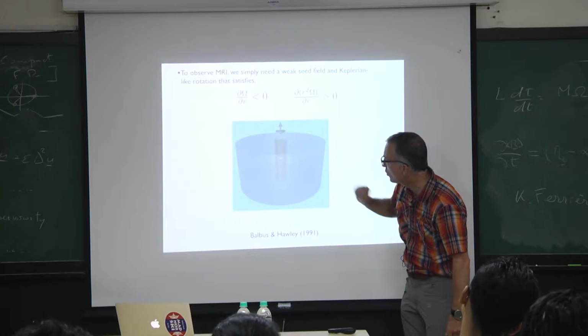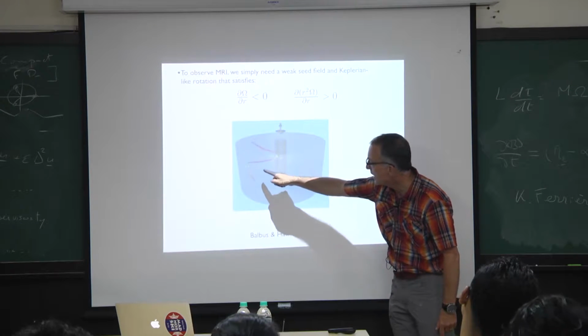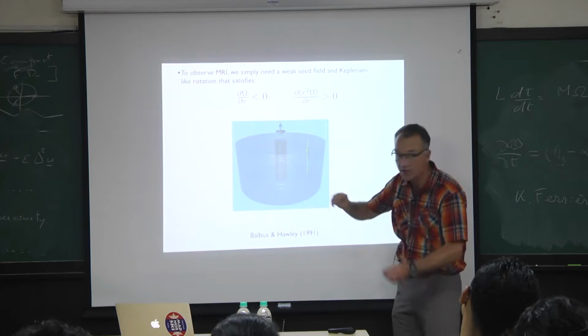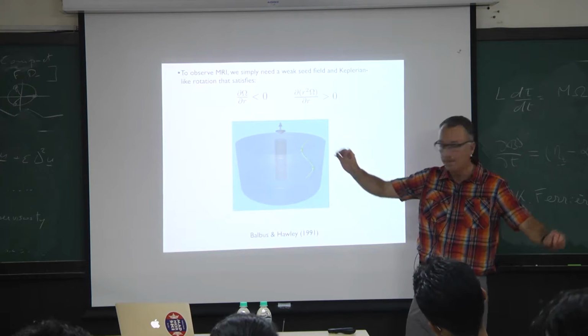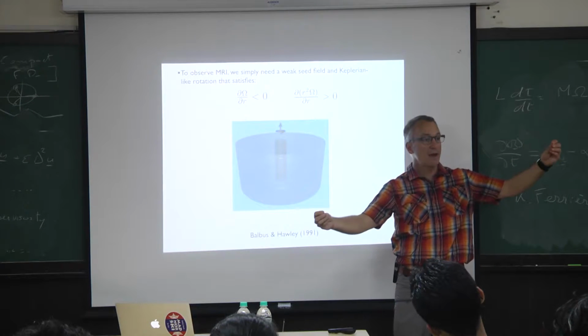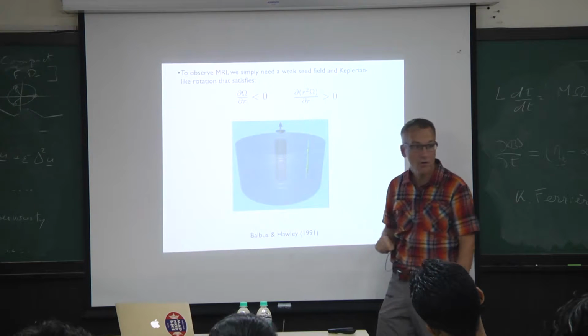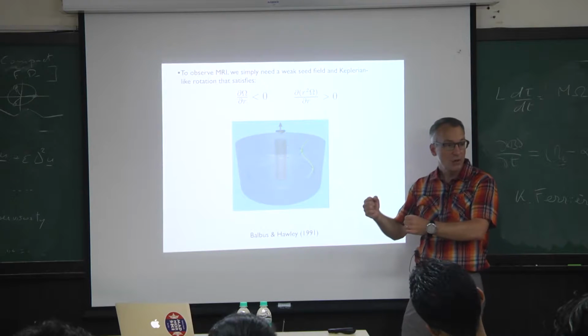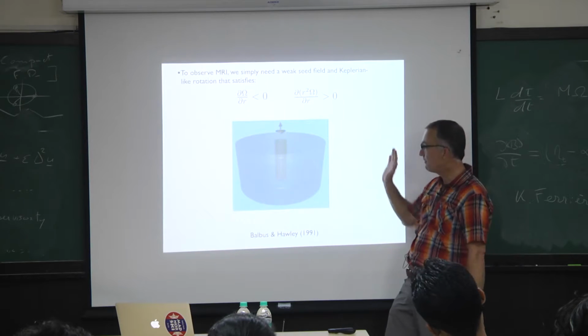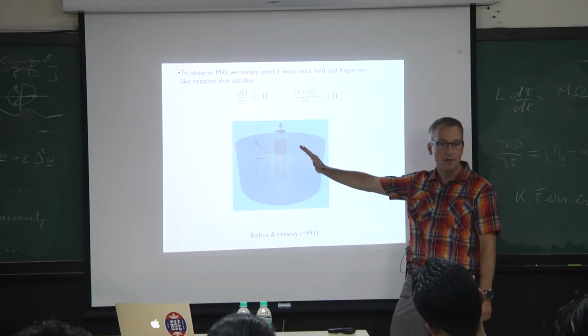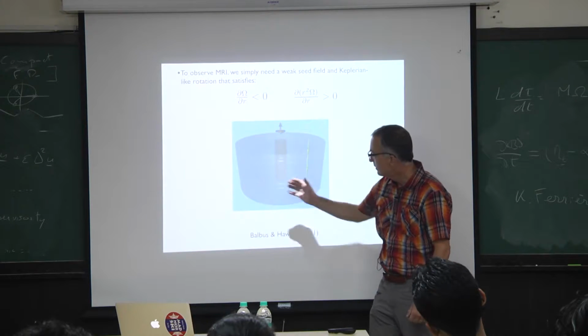So what would happen is the central one is sitting here. It's rotating more quickly around than the outside. And what this leads to is stretching of the field line, which is increased magnetic tension. That causes this element here to slow down. As it slows down, it loses angular momentum and it falls closer to the center. The one on the outside is sped up.